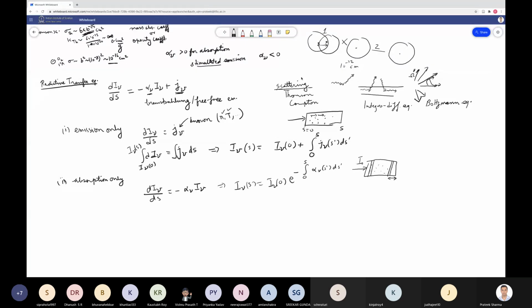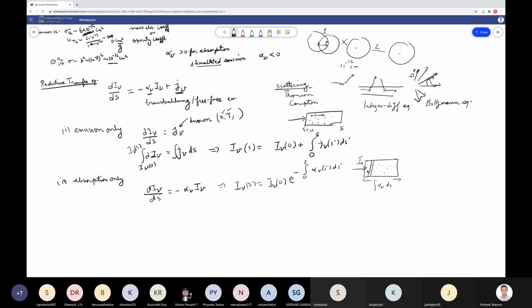Just a sec, I spoke a little imprecisely. What I'm saying is that this material is not emitting, it is only absorbing, and the thickness of this is nothing but alpha nu ds.